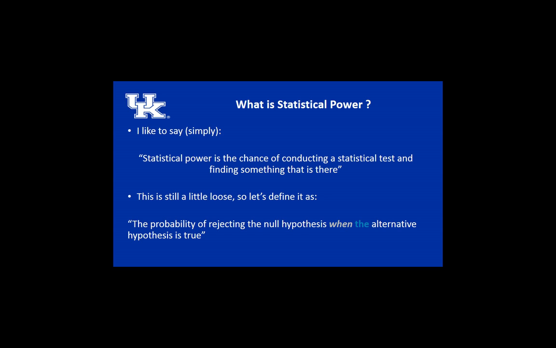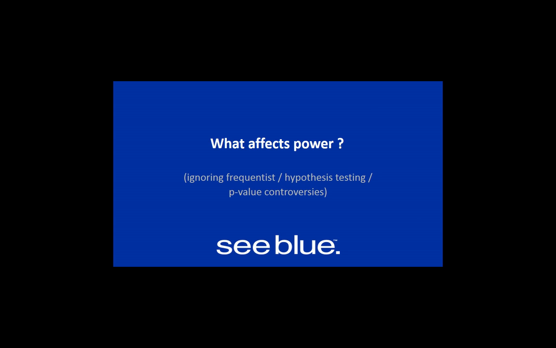Okay? What affects power? So in our discussions, I'm going to ignore potential complications, controversies about being a frequentist and throwing things in a null hypothesis testing framework, about Bayesian posterior probabilities, p-value controversies.